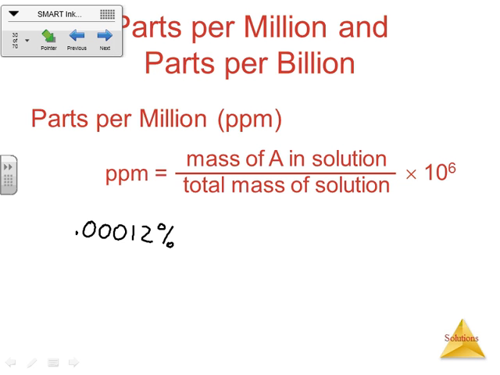Now, why would that be useful? In what scenario would we need to know the concentration of something when it's in parts per million? You guys can think of a good example of when that might be useful. Let's say I want to know how much mercury is in the water I'm drinking, or how much lead, or any sort of toxin.